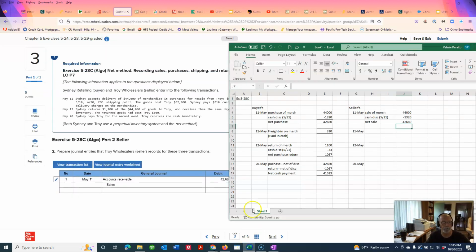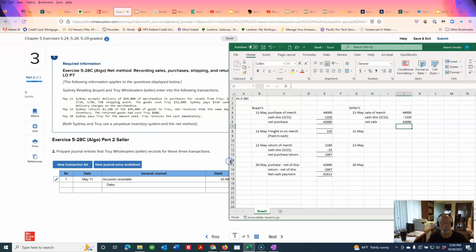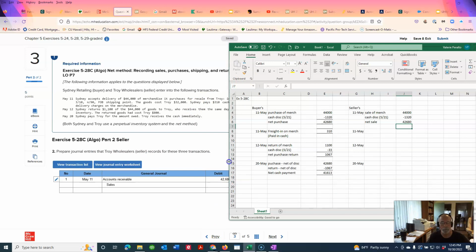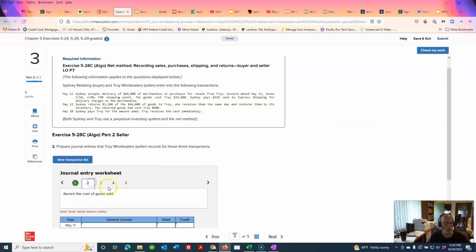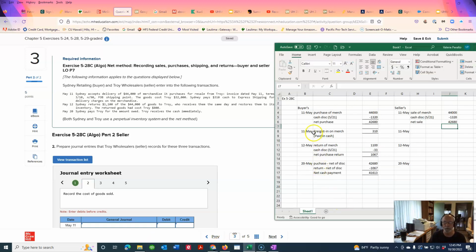Okay. Then on the same date, but relating to the cost of the goods sold. Now, this is a piece of information that relates only to the seller.